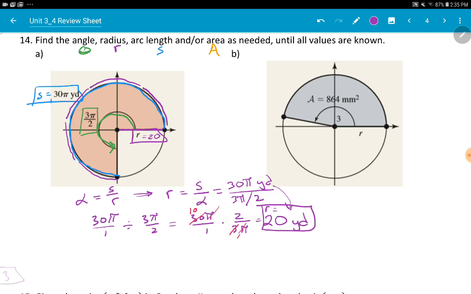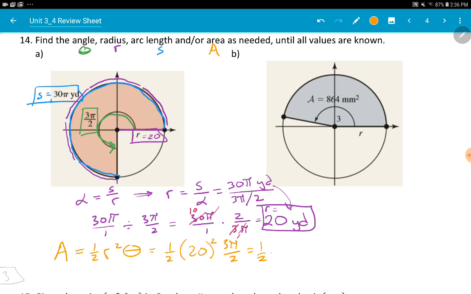My other answer I need to find, let's see, area is the other thing I'm missing. So area is all this orange area. And the formula for that is 1/2 r squared theta. I have r and I have theta, so I can really just plug and chug. So I get 1/2 times 20 squared, and theta is the angle that we're given in green up there, which is 3 pi over 2. Exponents first. Please excuse my dear Aunt Sally.